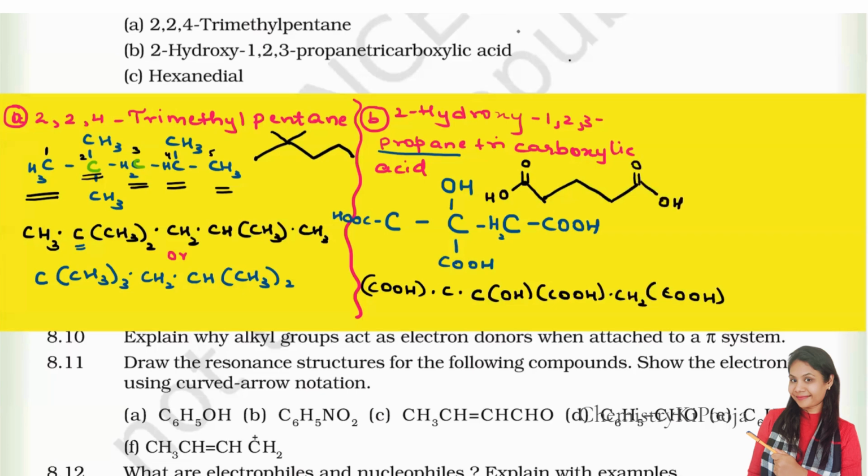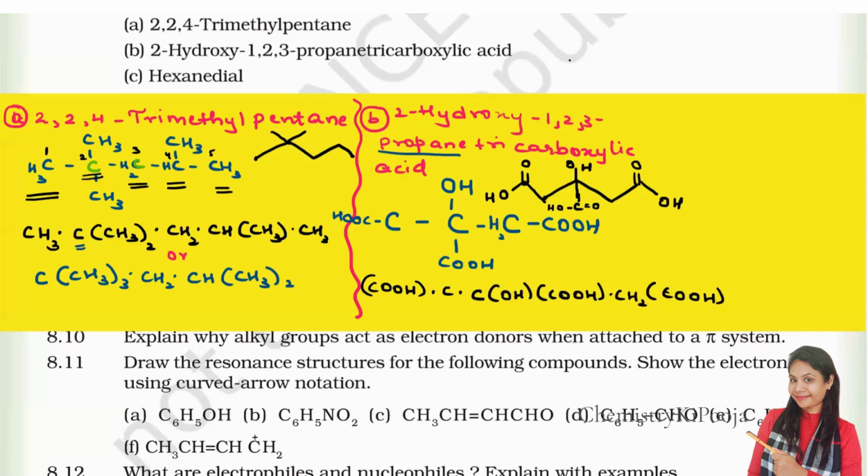On the second position we have the OH group. At the same time, on this second carbon we also have a COOH, so this is C, double bond O, and then OH like this. I hope the concept is clear to you.